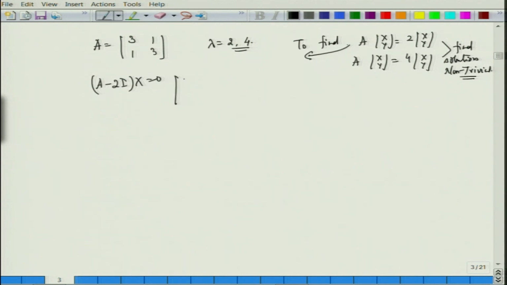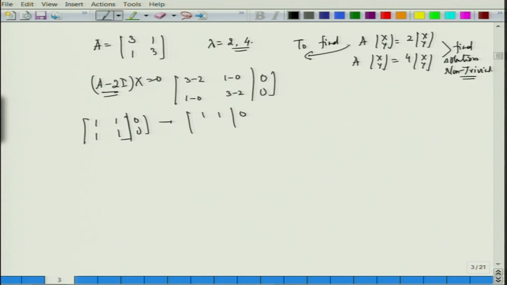So I am looking at this matrix, the augmented matrix, or the coefficient matrix, whatever you want to call it. A minus 2I means 3 minus 2, 1 minus 0, 1 minus 0, 3 minus 2. So I am looking at the matrix [1 1; 1 1] with right side 0 0. The RREF of this is just this itself, and this implies that the solution is x plus y equal to 0, which implies x equal to minus y.